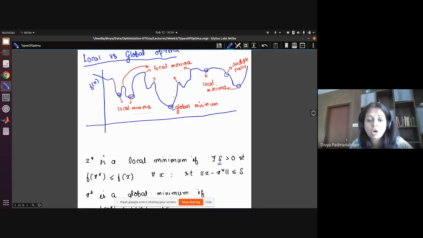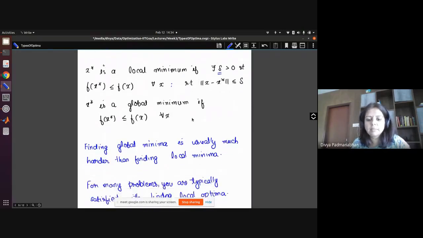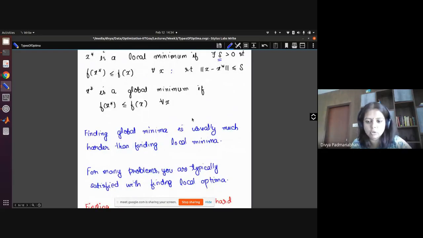And sometimes you spend so much energy trying to find the global optimum, and maybe the global optimum is not so much better than the local. Of course it's better, but maybe you could live with the local itself. The difference may not be too large, who knows. So that's the reason why for a lot of problems people spend their efforts finding local minima rather than global optima. That's going to be the focus of this course too.